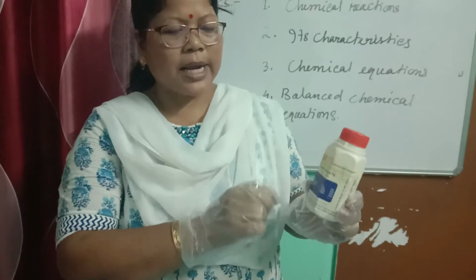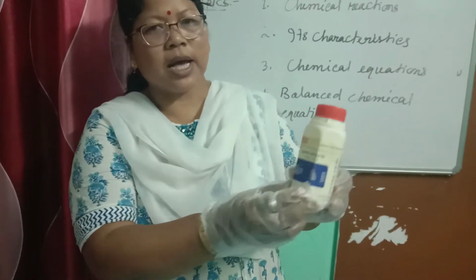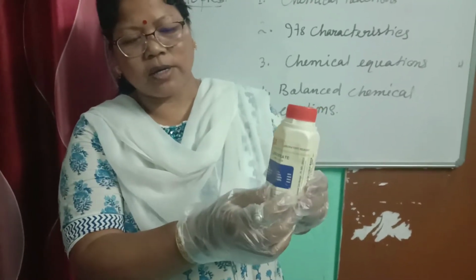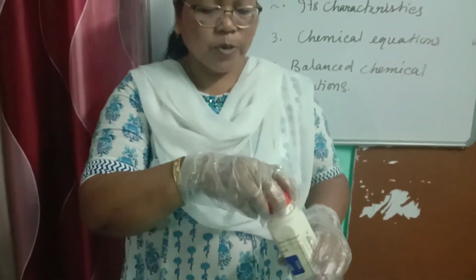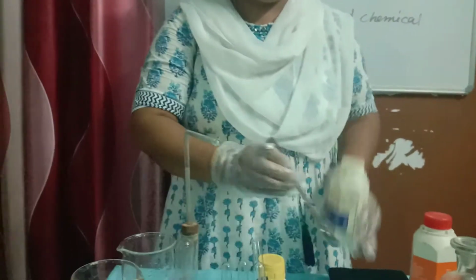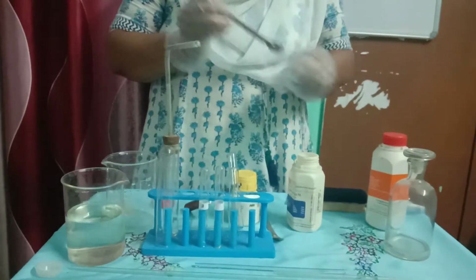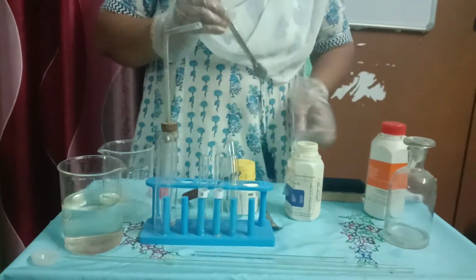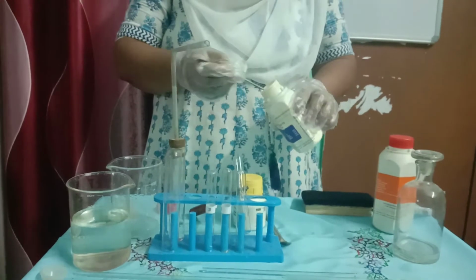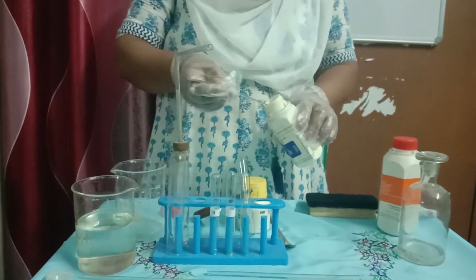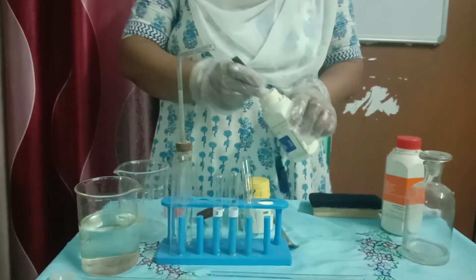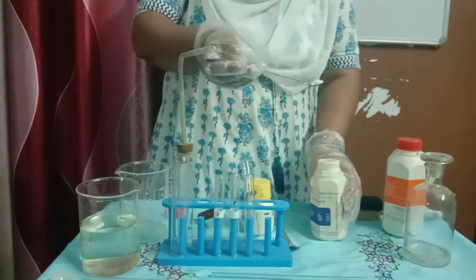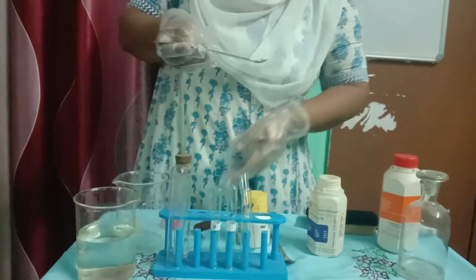First, we have to take lead nitrate. This is the lead nitrate salt, and we have to prepare the aqueous solution of lead nitrate. See, this is a colorless salt.